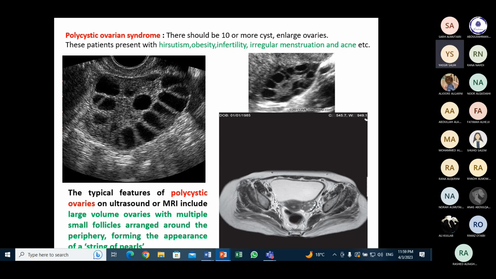To diagnose this radiologically we do ultrasound, especially transvaginal, which is more sensitive than transabdominal.